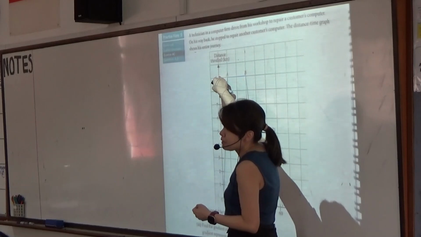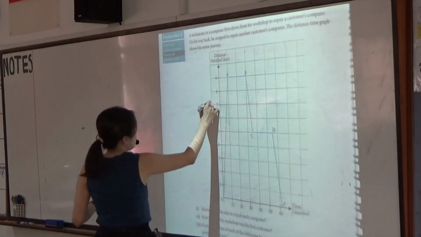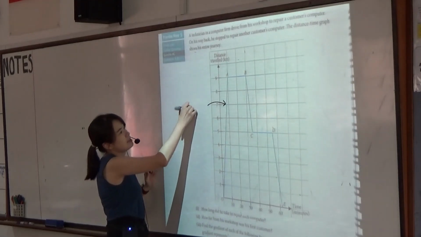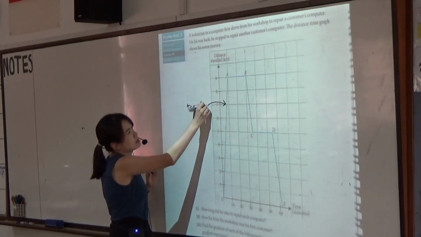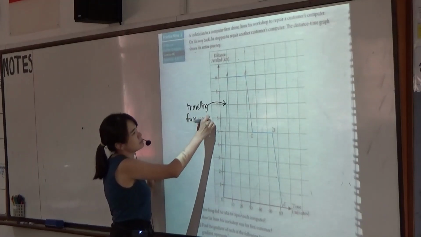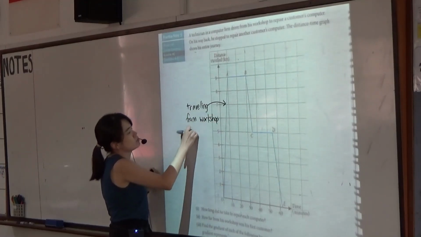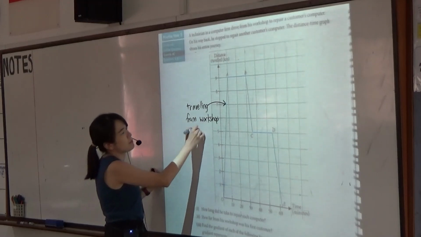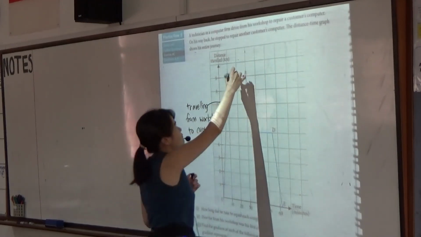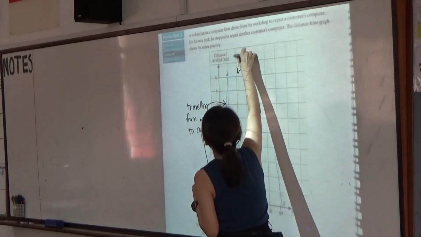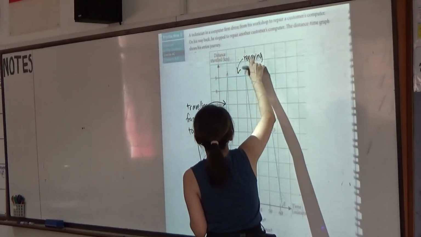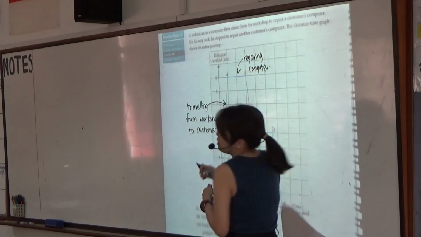You understand? So at this juncture, from O to A, traveling from workshop to customer. And then from A to B, it is where he is repairing the computer.